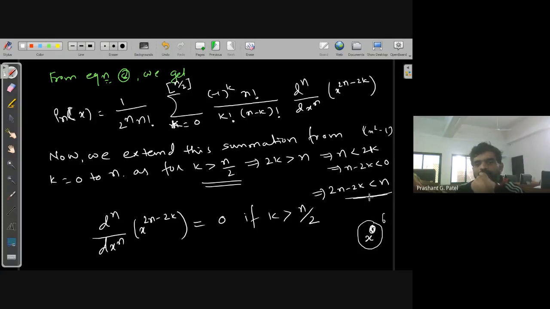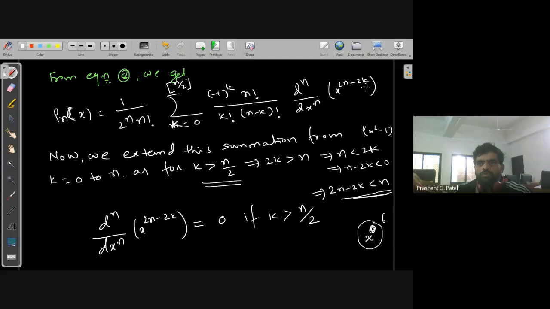So here exactly the same quantity we are getting. This 2n minus 2k, if it is less than n, that means k is greater than n by 2, then this derivative will become 0.